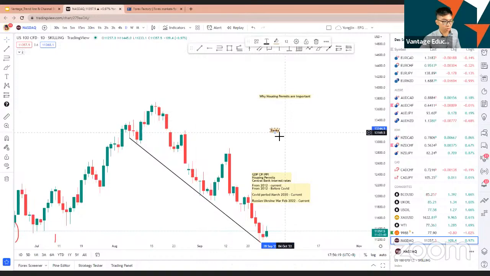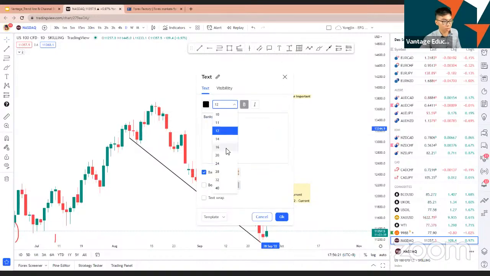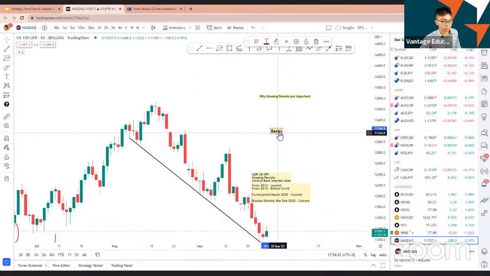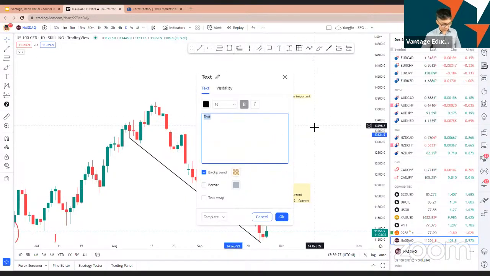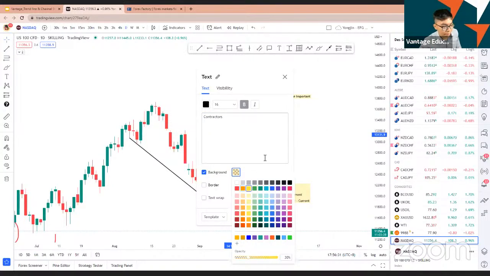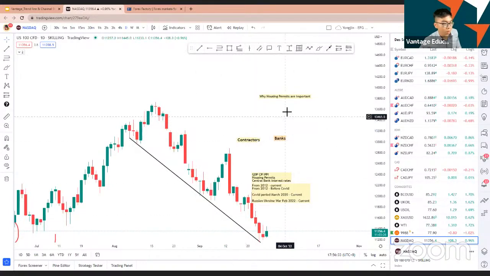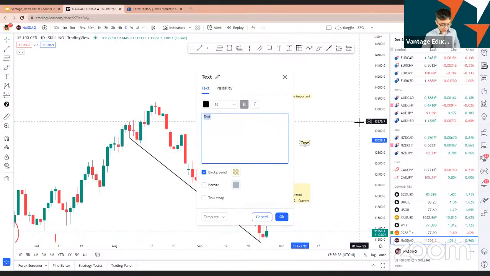Banks, orange. Okay, banks, and we have the contractors who build houses. And next, we have the people who are going to lend money. Most people lend big money from the bank for a mortgage, like me.